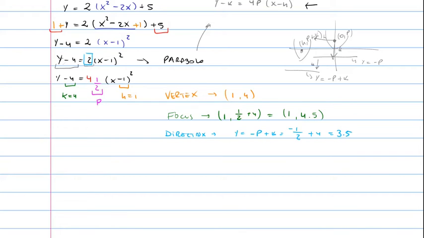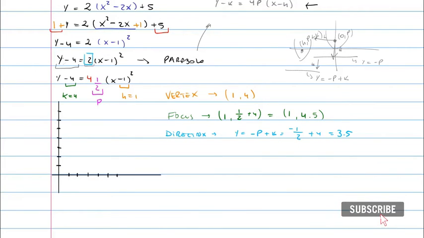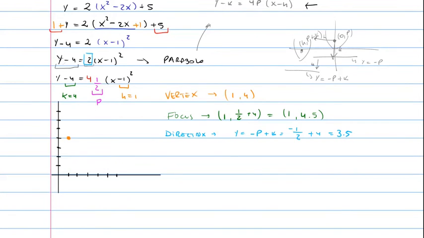And we have now all the information we needed to plot the parabola. The vertex is in 1, 4. The focus point is in 1, 4.5. The directrix is in y equals to 3.5. And now the parabola will look something like this.